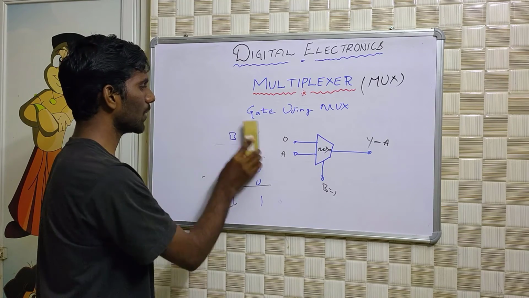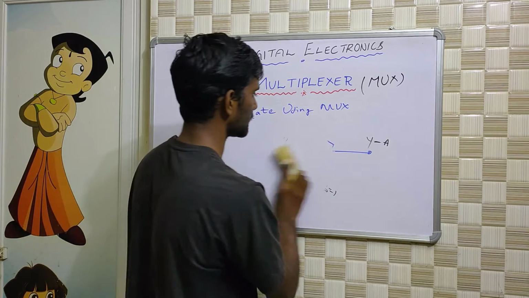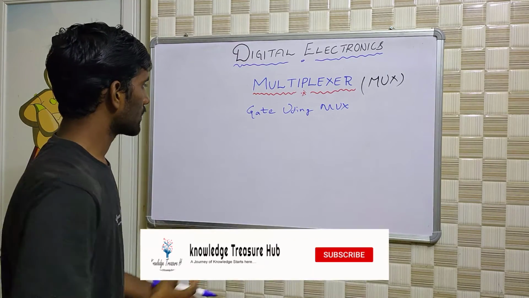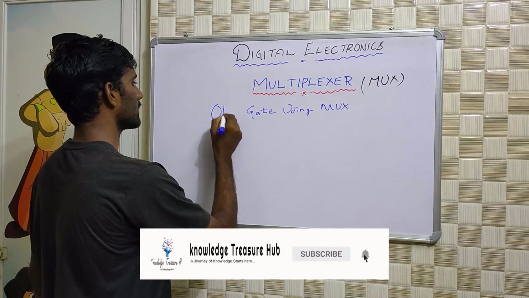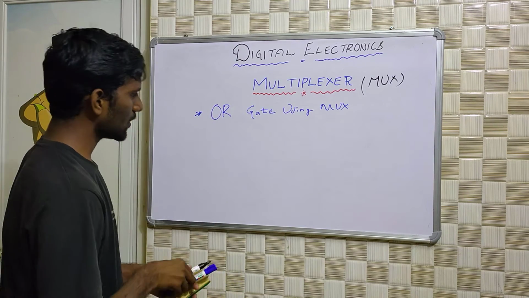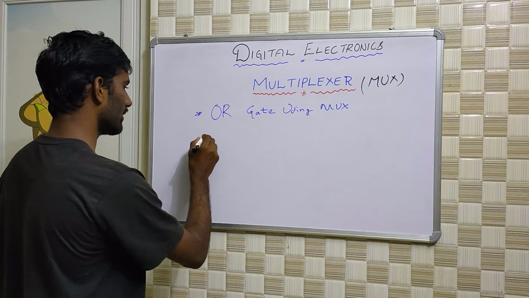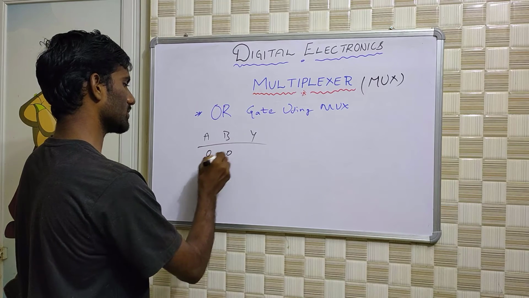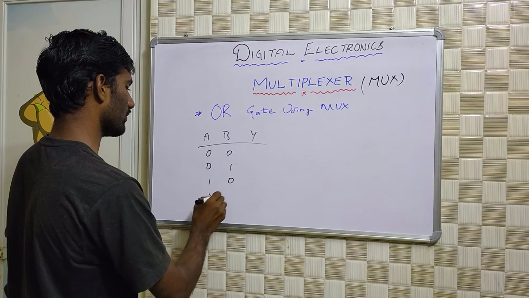Similarly, we'll see implementing OR gate by using multiplexer. So what is the truth table for OR gate? Let me take only a two input OR gate. 0 0, 0 1, 1 0, 1 1.